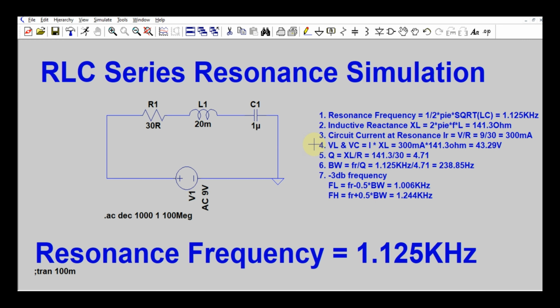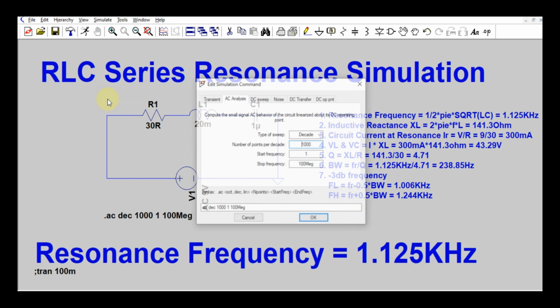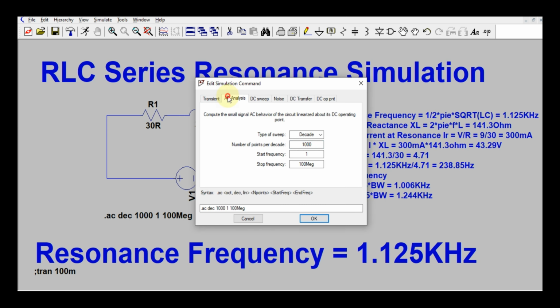To run the AC analysis or Bode plot analysis, you have to go here, Simulate, then Edit Simulation Command, right click it here. This is AC analysis, and since you are running the Bode plot analysis, type of sweep would be decade, number of points would be 1000, starting frequency is 1 hertz, ending 200 megahertz, and I will click OK.